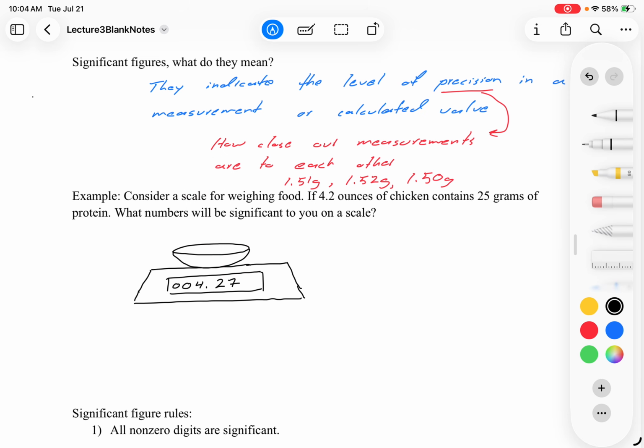This is in ounces, by the way. Assume your scale reads 004.27 ounces, with the 2 zeros in front. So what I'm getting at is, what numbers will be significant to you on the scale? What do you care about? These 2 zeros, right? Let's draw an arrow. Do we care what's in front?